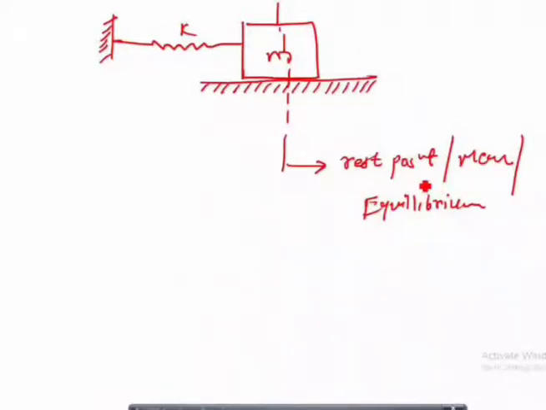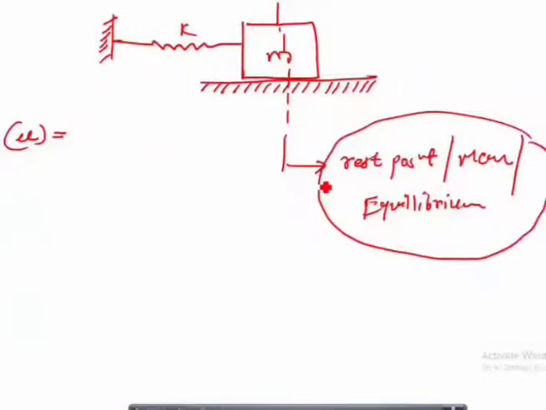Now let mu be the coefficient of dry friction between the two surfaces. Basically, try to understand that in this rest position or mean equilibrium position, the spring is unstretched.